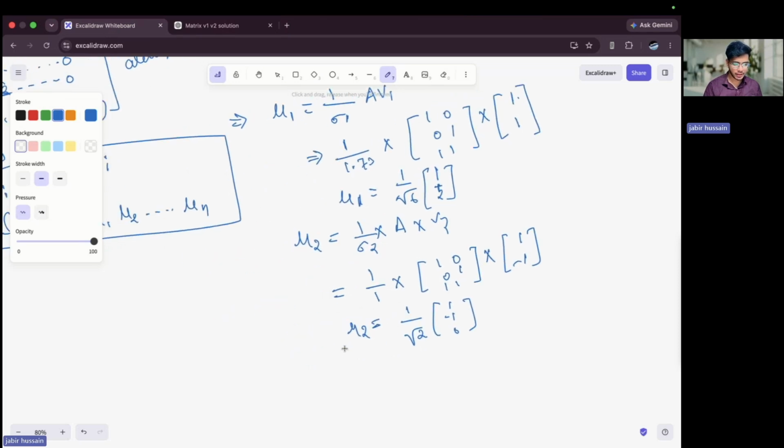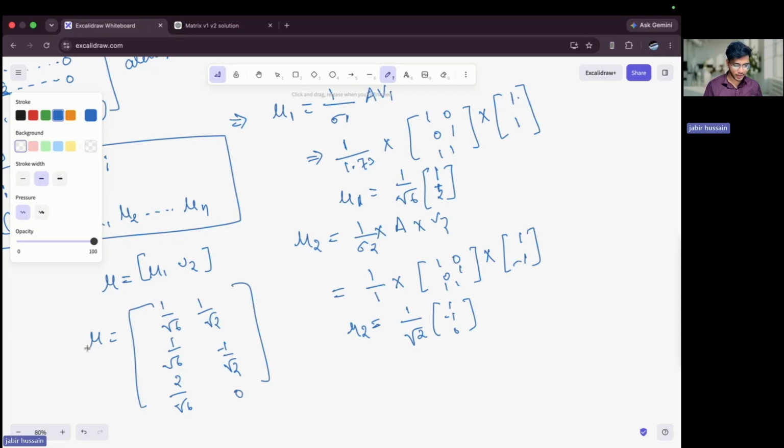So from here we got our matrix U equal to u1 u2. This will give us 1 by root 6, 1 by root 6, 2 by root 6, and 1 by root 2, minus 1 by root 2, and 0. So this is our U matrix.